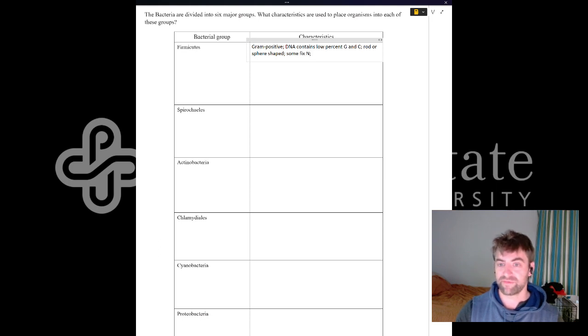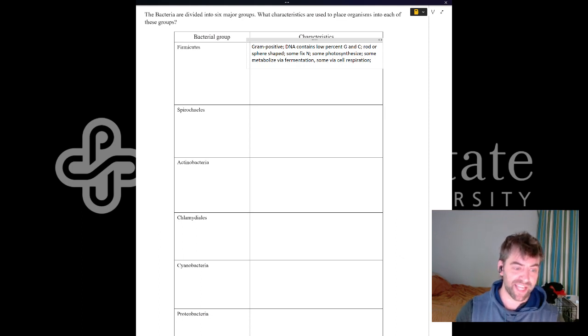Some fix nitrogen. Some photosynthesize. Some metabolize via fermentation, some via cell respiration, a lot like us.